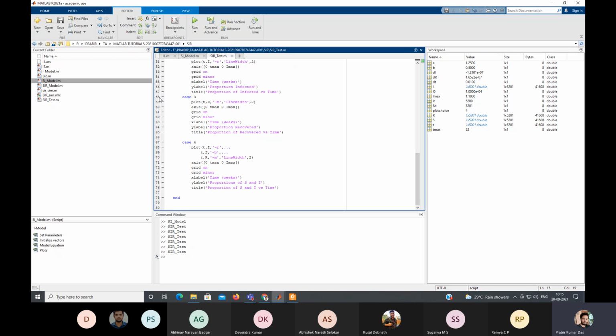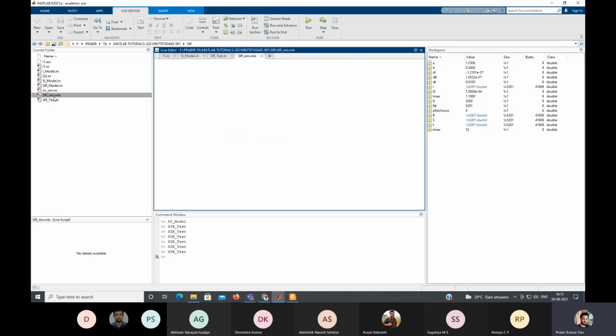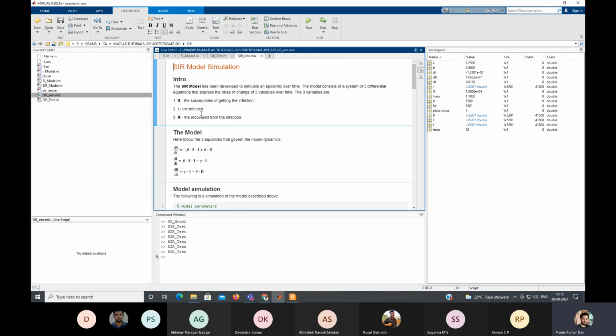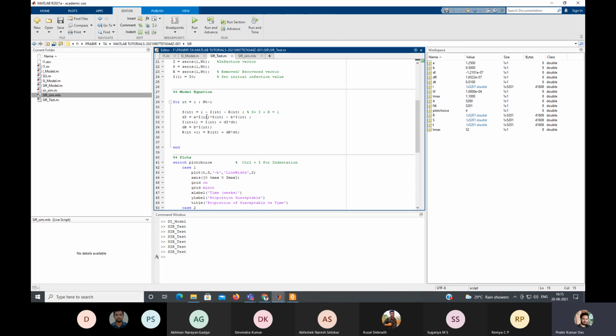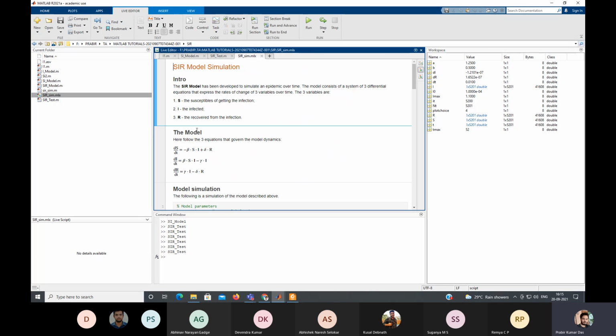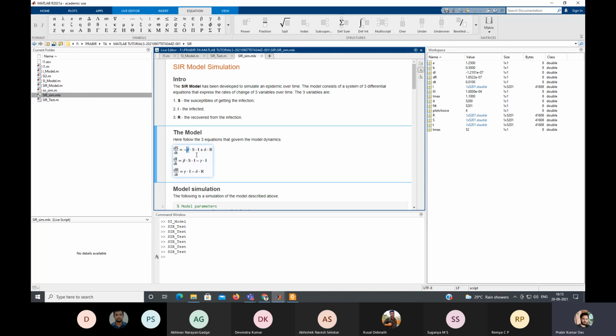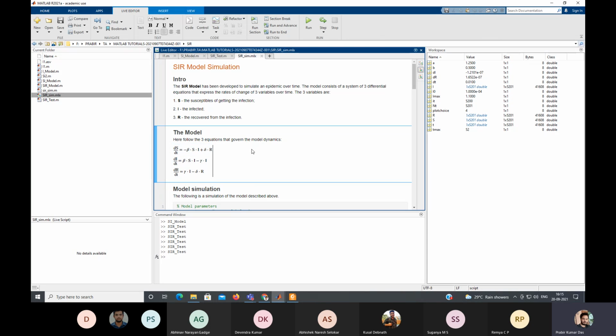Okay, sir. And I also show you one small example. Here I use A, B, C as parameters. A little bit is changed: here they are used as beta, gamma, and delta. Otherwise everything remains the same. I am just explaining this a little bit.